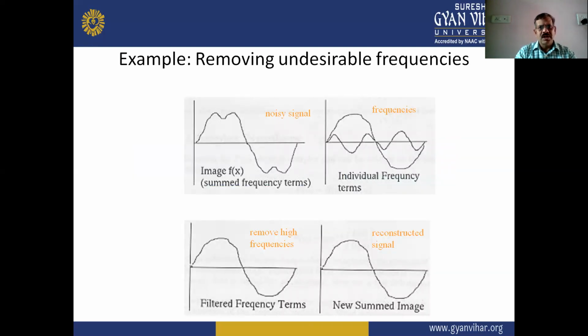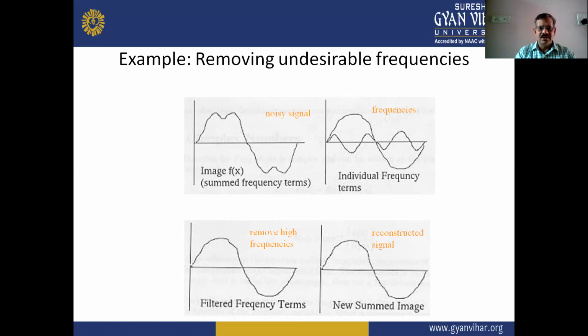There are some examples of removing undesirable frequencies. The first waveform shows the noisy signal, the second shows the individual frequency terms, and the first one shows the sum of frequency terms.